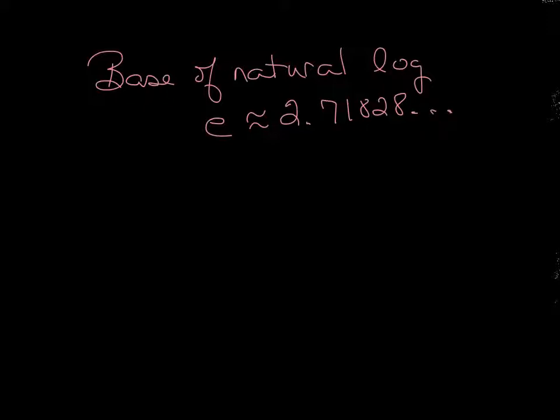You can always use your calculator if you are using that, but by the definition of the natural log, the natural log of e is equal to the integral from 1 to e of 1 over t dt, and that's always going to be equal to 1. So the natural log of e is always equal to 1.